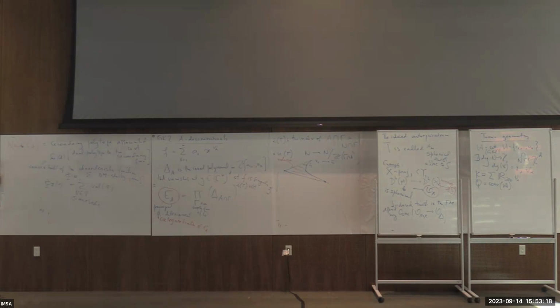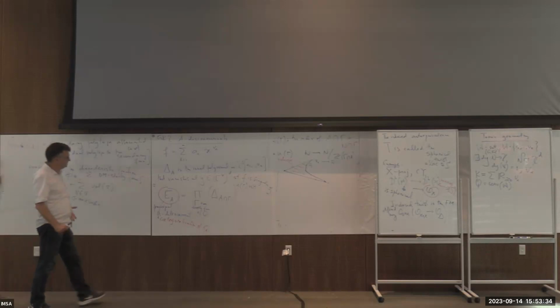So maybe now it's time to say a few more words. In fact, they do much more in this work. You can calculate some of the coefficients of this polynomial, and they have to do with the volumes.